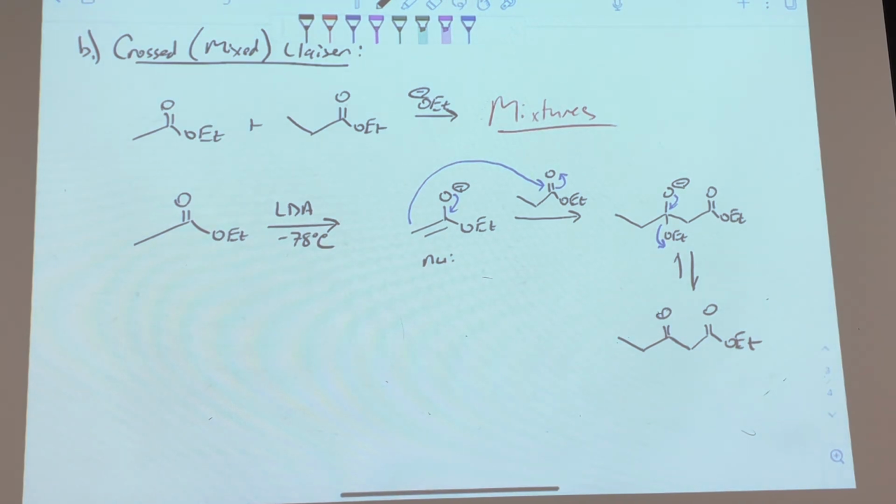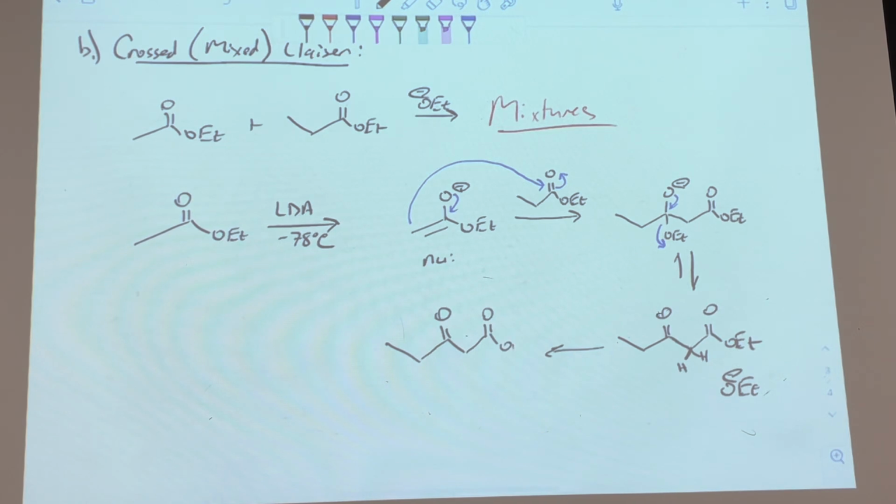And there you have the product. In the presence of the strong base, that would deprotonate. There's your driving force. And then we would do, finally, an H plus step to get to the neutral product.